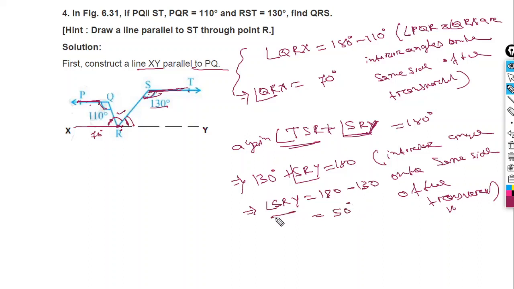So we have angle SRY, 50 degrees, and angle QRX, 70 degrees. Now we can find this angle QRS.